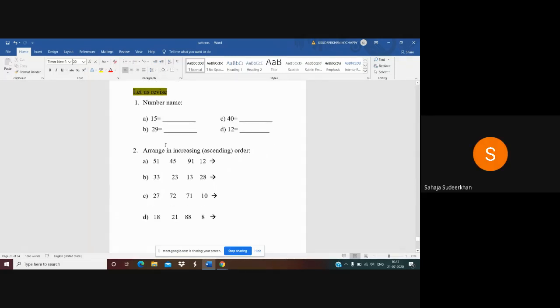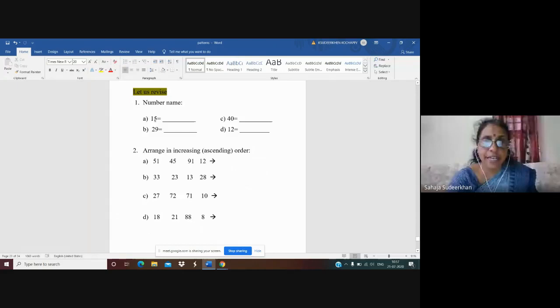Now, it is a revision for you. Already we have learned all these things. First one is number name. You have to write the number name. First number is 15, so we have to write the spelling of 15. Fifteen.